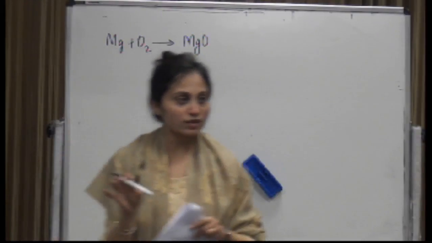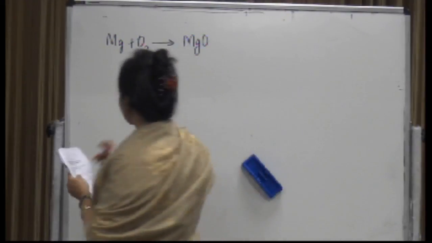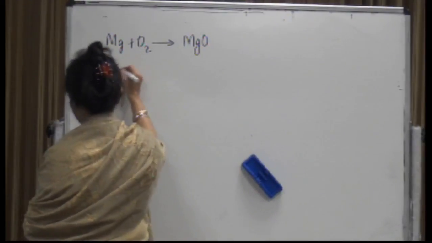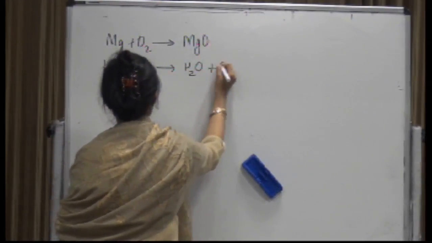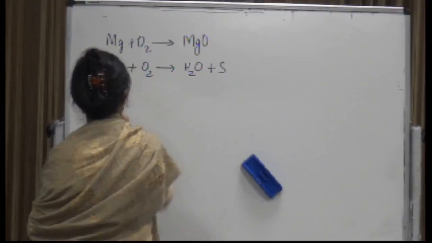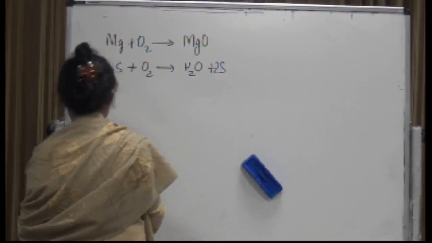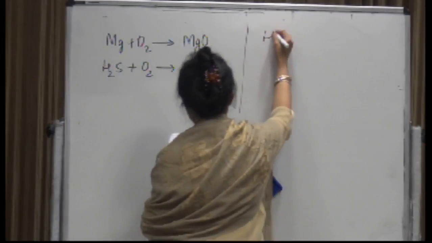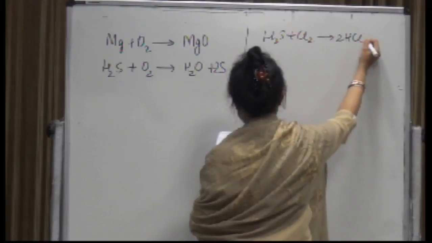You just have to tell me whether it's an oxidation reaction or a reduction reaction. Then you have H2S plus O2 giving H2O plus S, and H2S plus Cl2 giving 2HCl plus S.